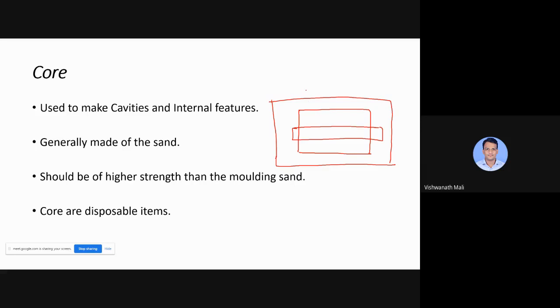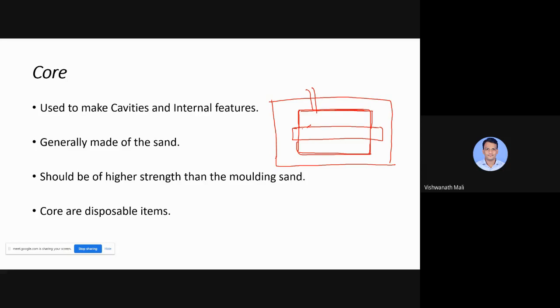Now, when you pour the molten metal, only these surfaces of the mold will come in contact with the molten metal, but all of the core will come into contact with the molten metal. So the core should withstand that molten metal.